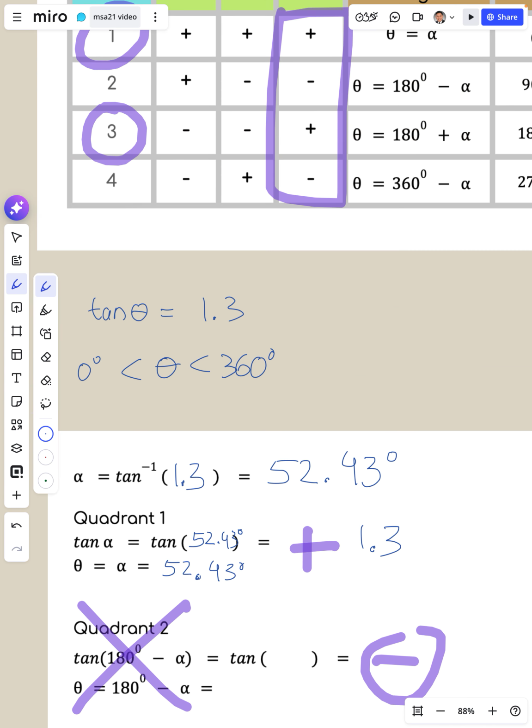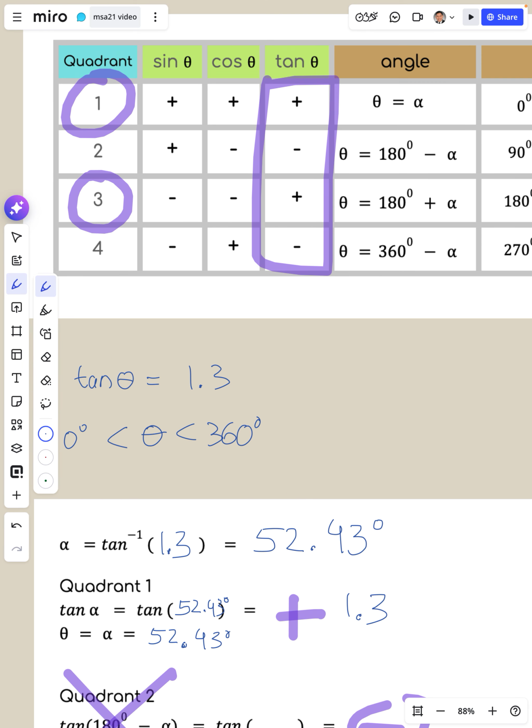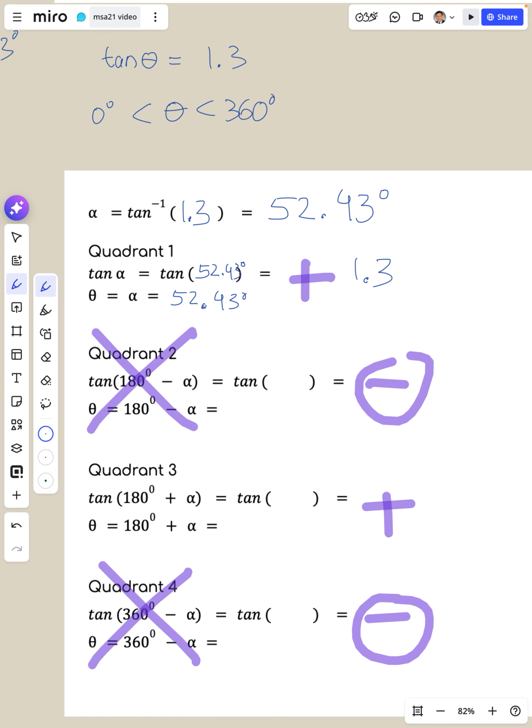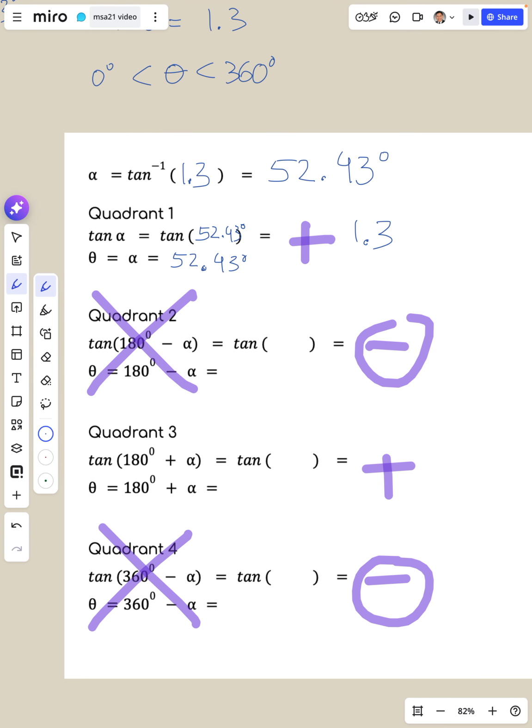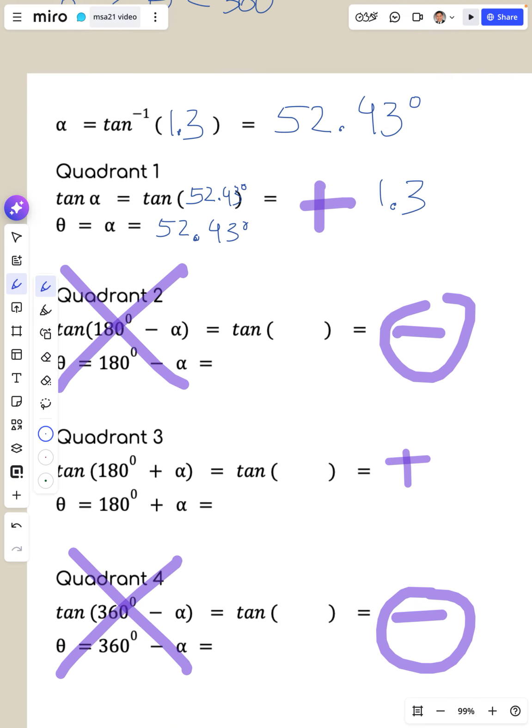According to this table, the other positive tangent value will be in quadrant 3. Right, so we do the working here on quadrant 3. Tangent of 180 plus alpha equals 1.3. Alpha is 52.43.